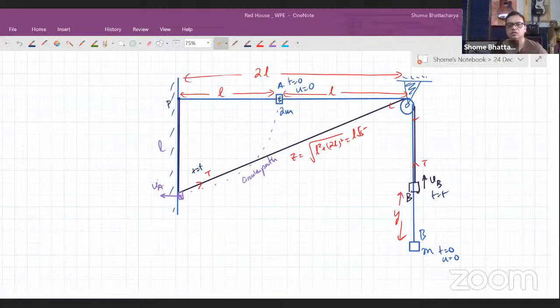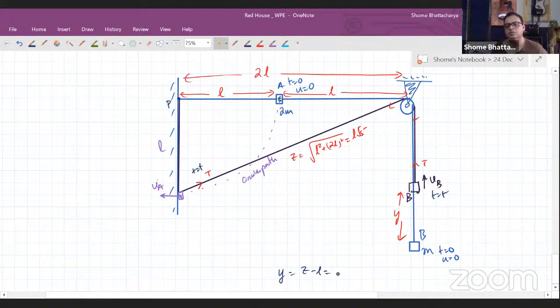Just a second, I'll share that file again. So how much thread is getting pulled? Initially, from the pulley to where A is joined with this thread, the length was L, and now it's pulled to root 5 L. So this displacement y is z minus L, that is root 5 L minus L. So that is the first thing.